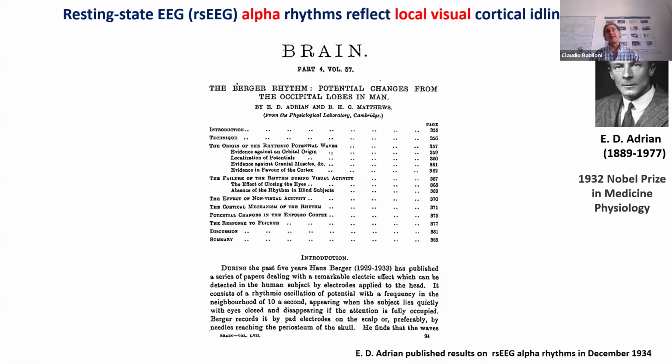It's interesting that the first publication of EEG activity in humans by Hans Berger was the case at that time in human neuroscience. And there was a hot debate about the nature of these electrophysiological signals recorded by Hans Berger.